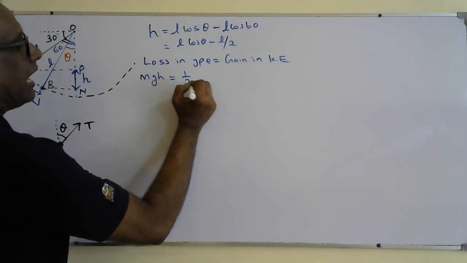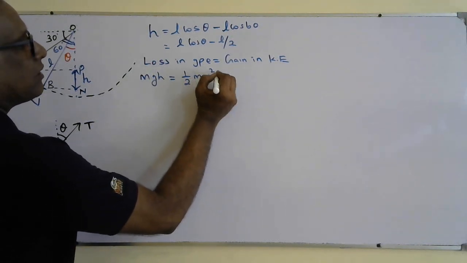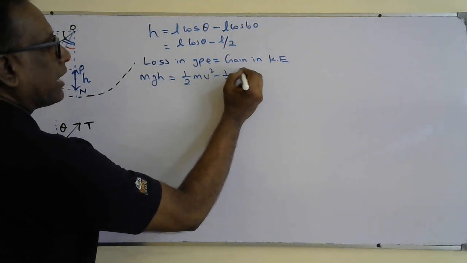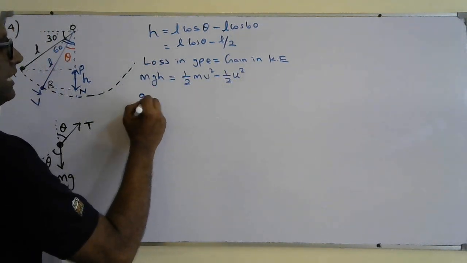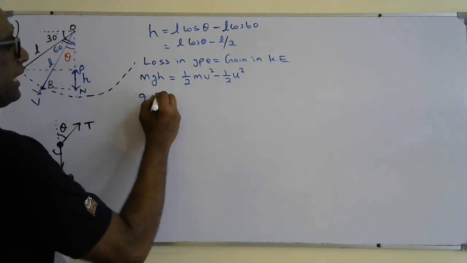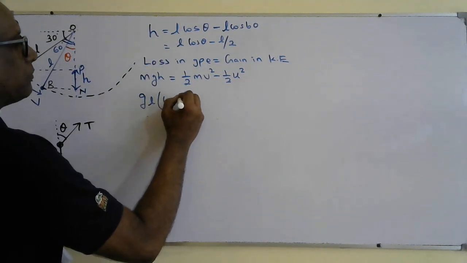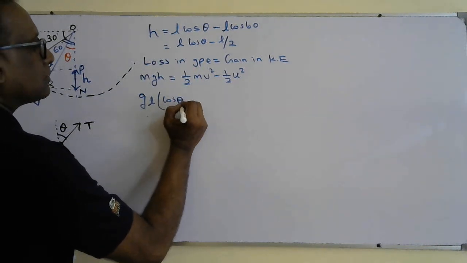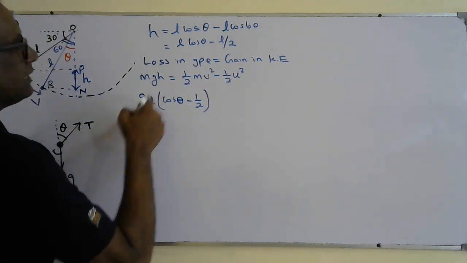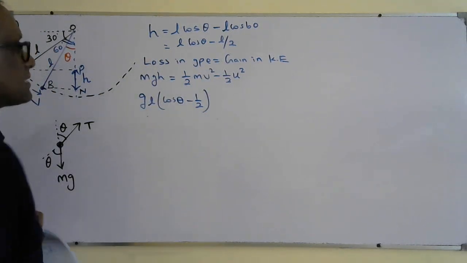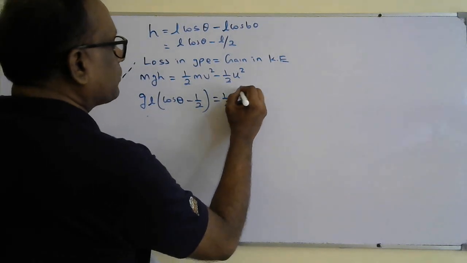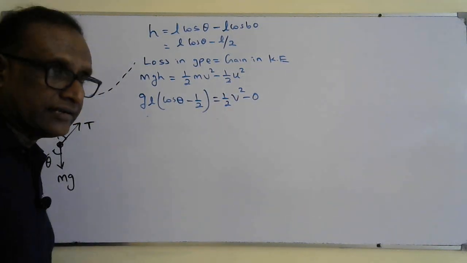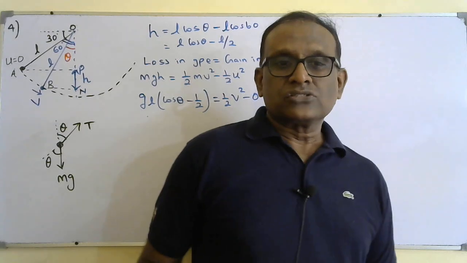Gain in K is half mv squared minus half mu squared, but u is 0. Okay, all the m will get cancelled. So g into, instead of h we can put L cos theta minus half. I took L out, so g L into cos theta minus half is equal to half v squared minus 0. Initially she was at rest, so half v squared.